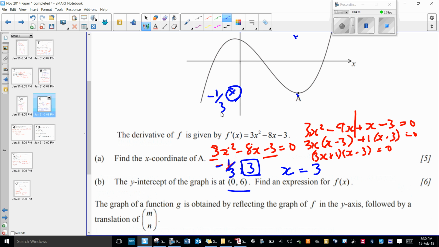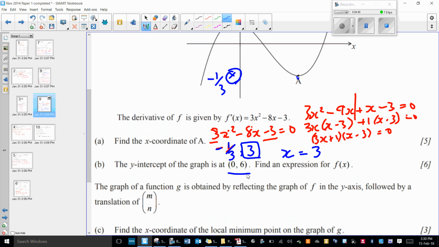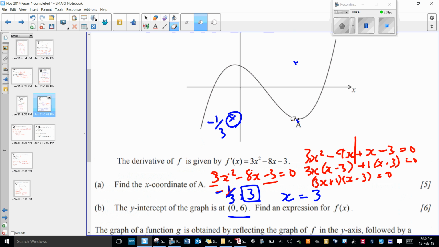Oh, sorry, let me read the question. A reflection in the y-axis. Forget that. Start again.